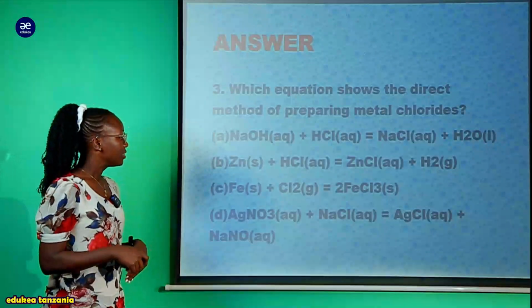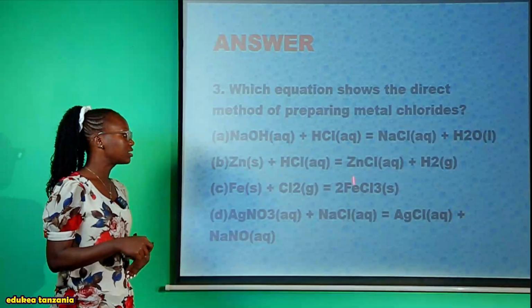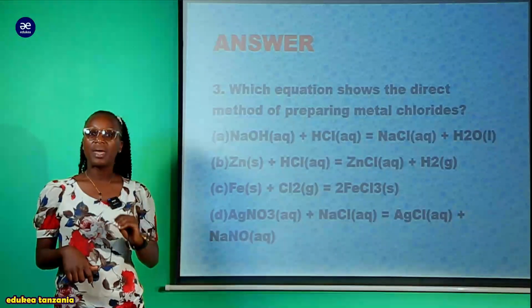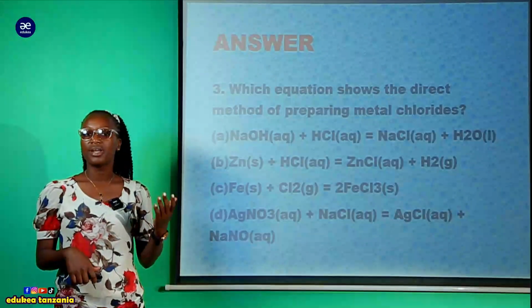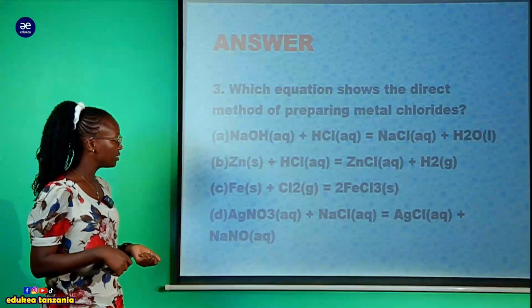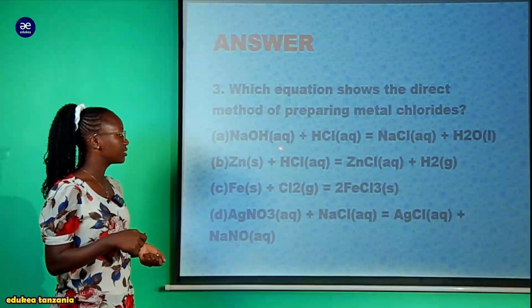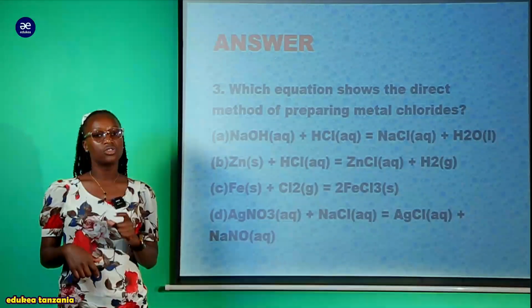You can see that these reactions are made of the types of reaction we have already studied. For instance, this one, sodium hydroxide and HCl, is a neutralization reaction.